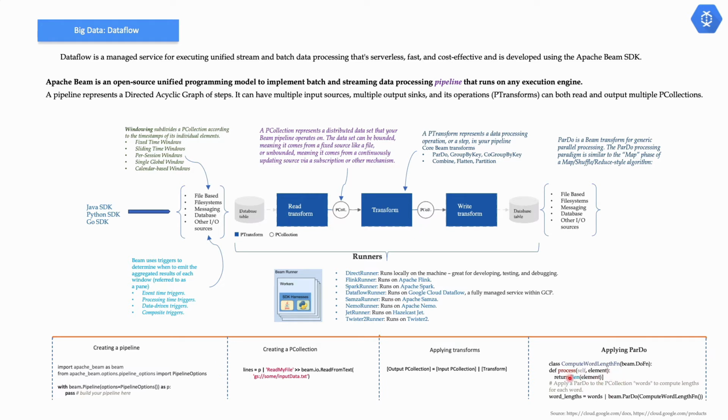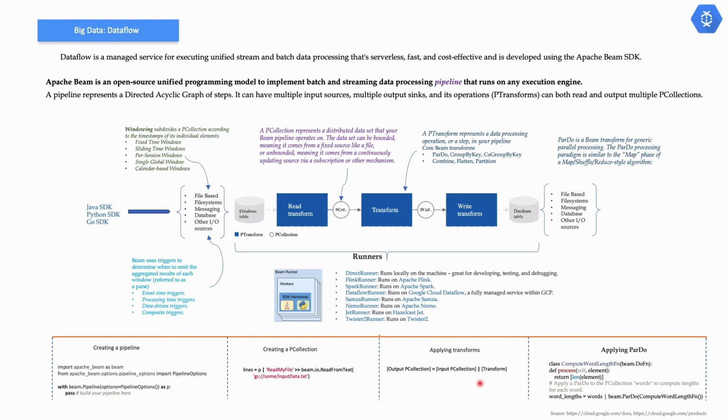In this case, it is returning the length of the element, and then it's basically again word length equals beam.ParDo, which is coming back to this, the input PCollection is words. You apply a transform, compute word length, which is calling this function, and the resultant is another PCollection. So it's a series of transformations that you put on a collection, you create a new collection, and that's how you navigate to the sink, the sink part of it.